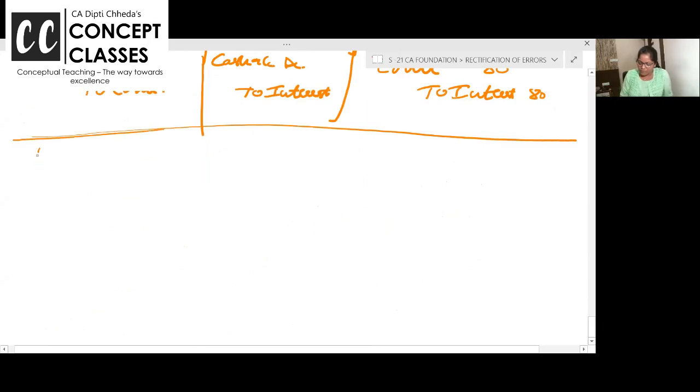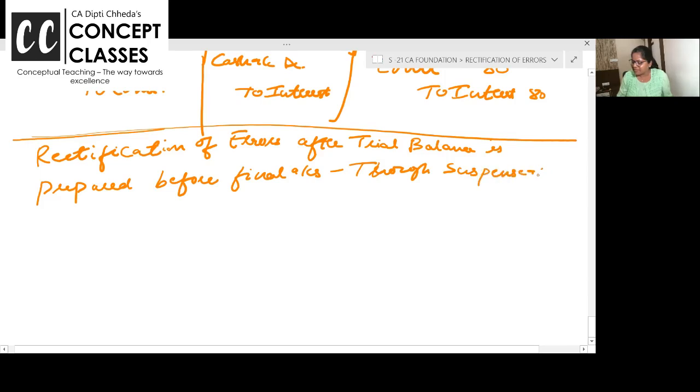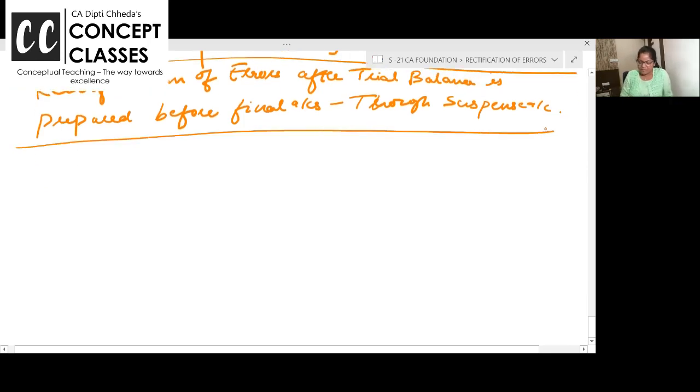Write the heading: Rectification of errors after trial balance is prepared and before final accounts, and we are doing it through suspense account.